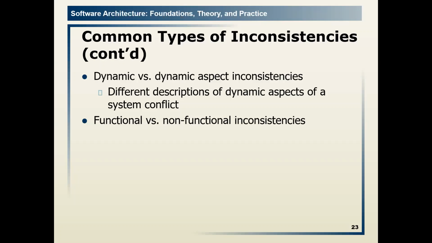Describing those things in a given architectural model notation is sometimes difficult. Because of that, sometimes only the functional part is included in the notation. It depends on the notations.